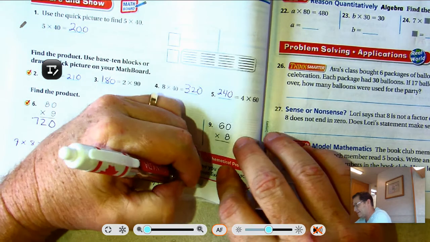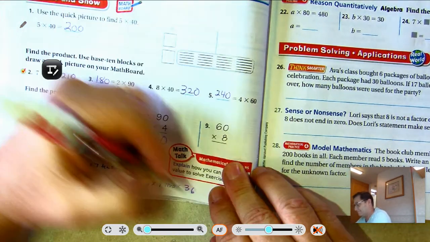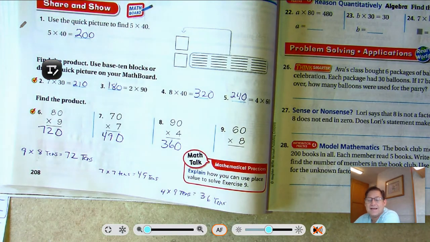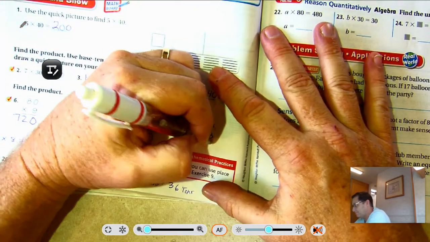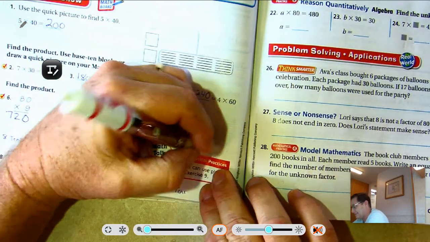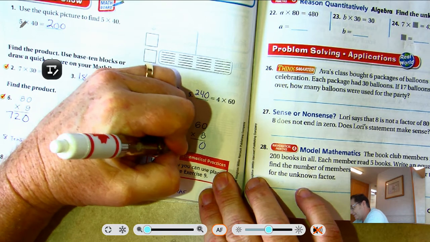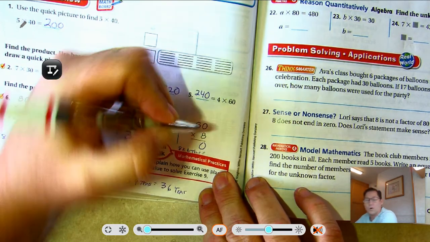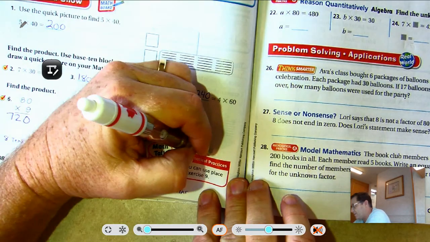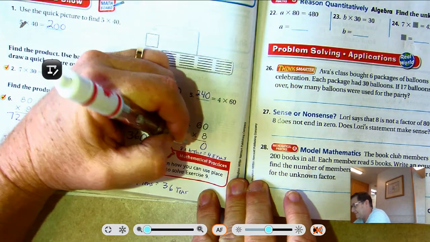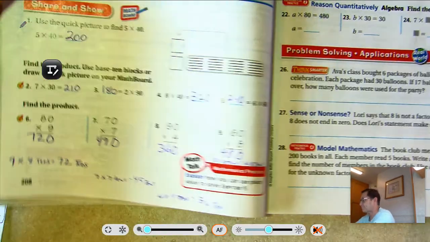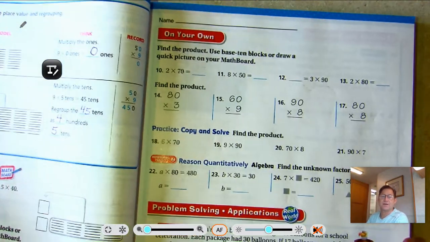So 36 tens is 360. 8 times 0 ones, 0. 8 times 6 tens. Well, I know 8 times 5 is 40. So one more 8 would be 48 tens. 480.